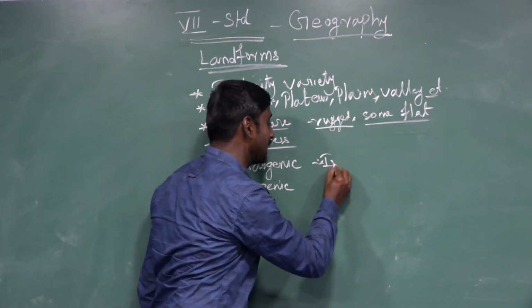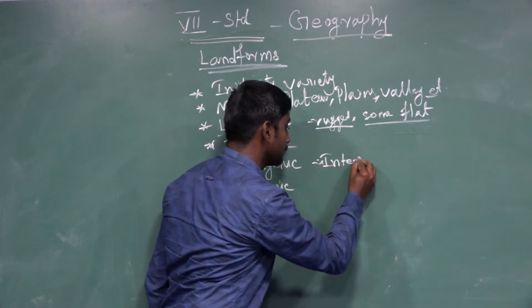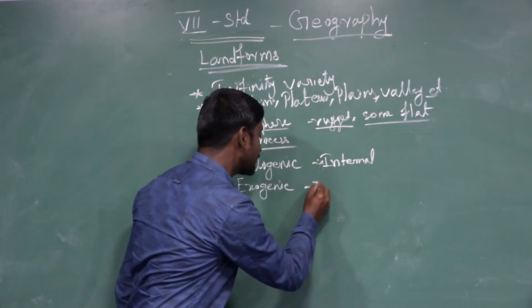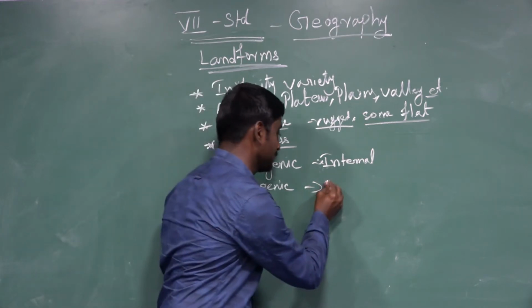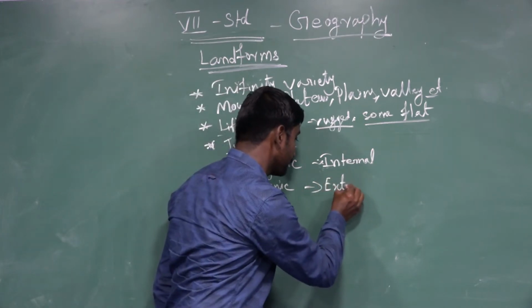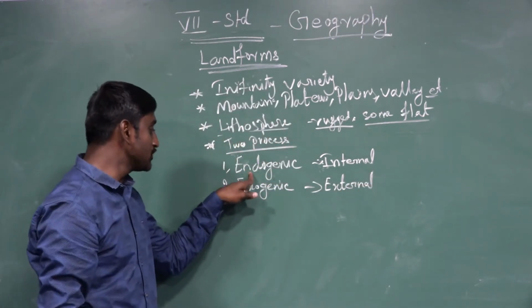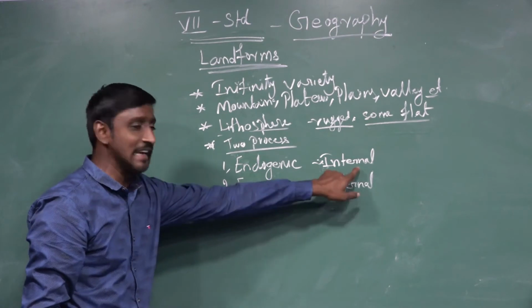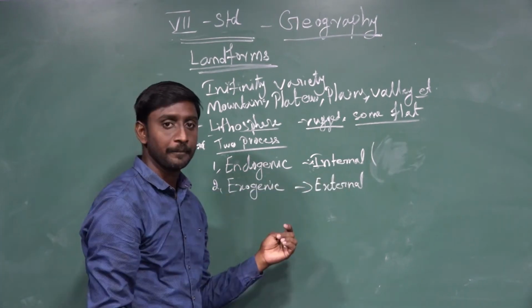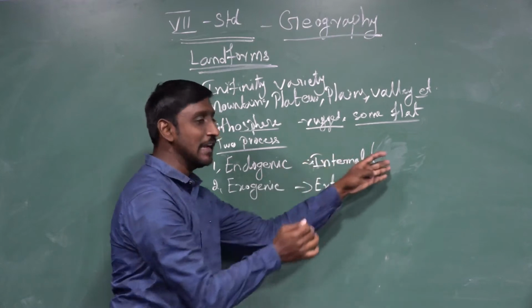Endogenic is an internal process, and exogenic is an external process.